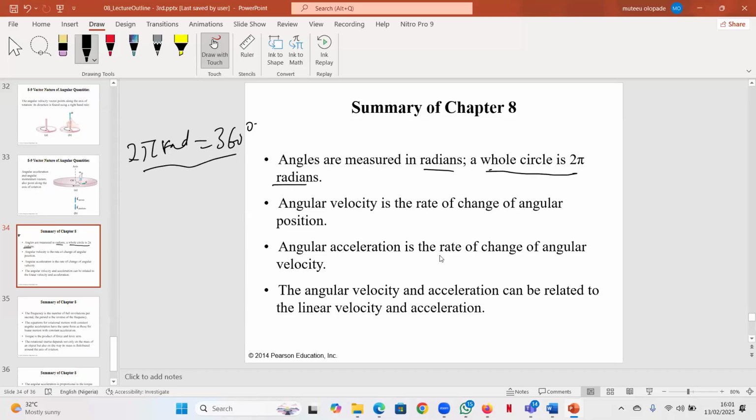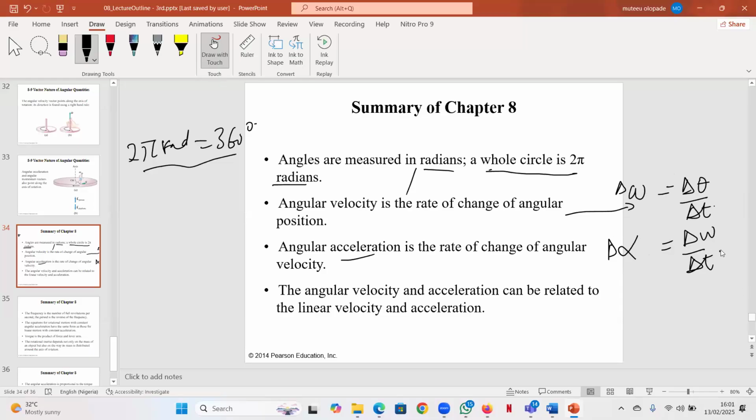So angular velocity is the rate of change of what? Angular position. Angular velocity is the rate of change of angular position, and that's why we have this. So the angular velocity will be the change in angular displacement divided by time. While angular acceleration is the change in angular velocity with respect to time.